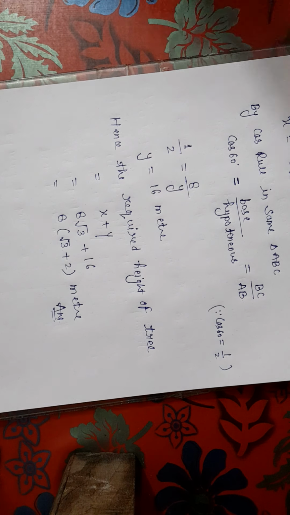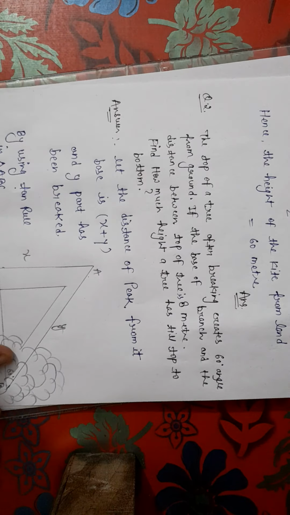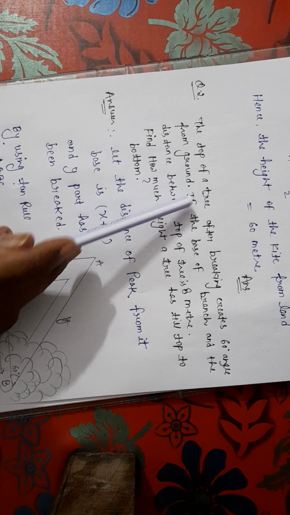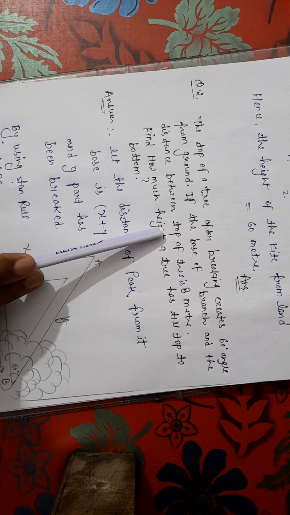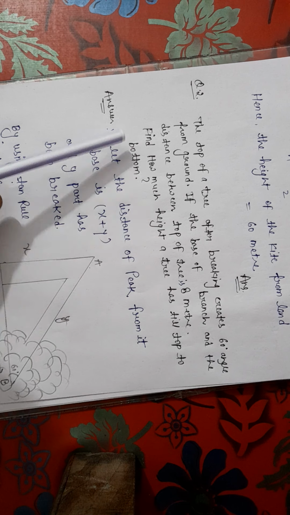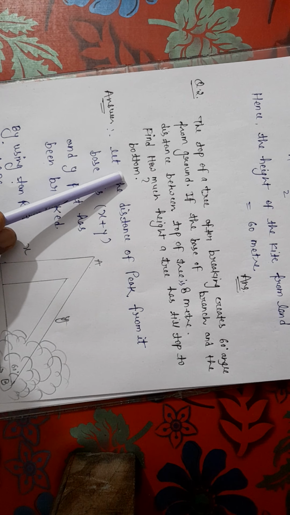Once again I am revising this question. Let's see. The question is: the top of a tree, after breaking, creates a 60-degree angle with the ground. If the distance between the base of the tree and the top of the tree is 8 meters, find how much height the tree has from top to bottom.